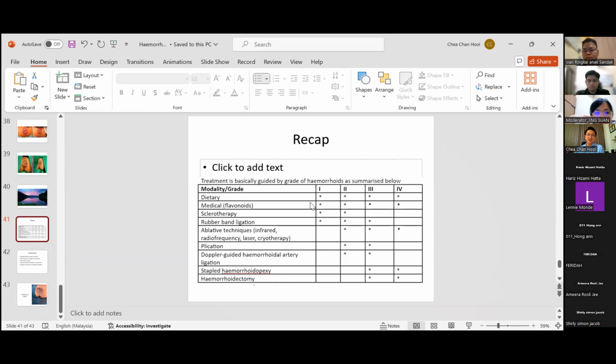Probably a lot of us might have them to a certain degree, but it is more of connective tissue breaking down around the anal cushion. That is the main pathophysiology, what we call the sliding theory. Everything slides down, right?